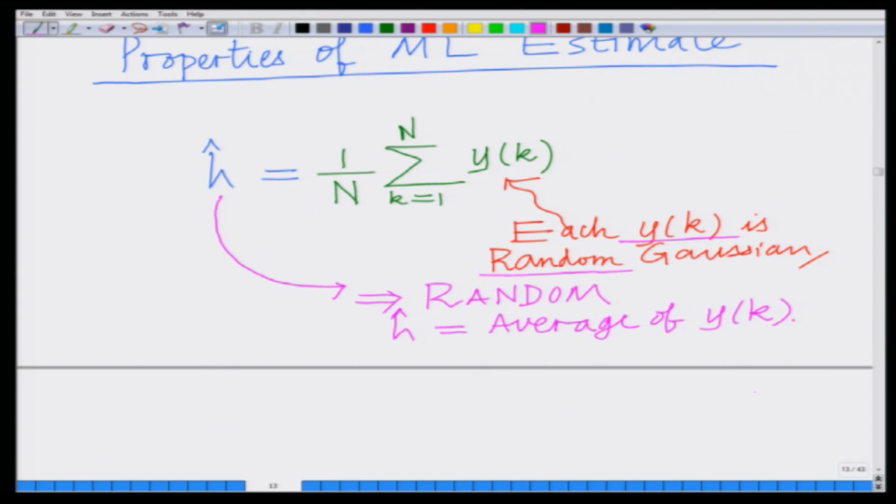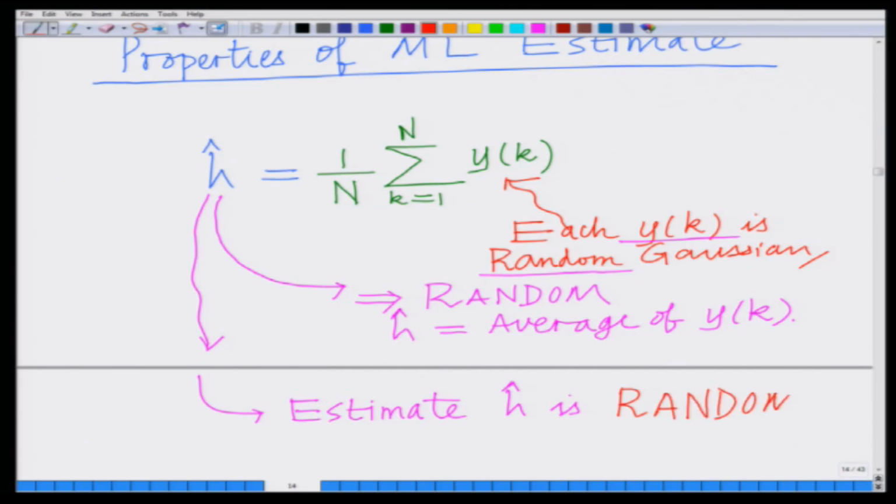Therefore, h hat is random, that is, the estimate is random in nature. That is the first thing that we have to realize, that the estimate h hat is random, that is, it is not a deterministic quantity.